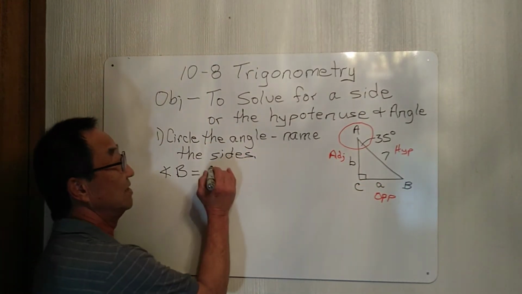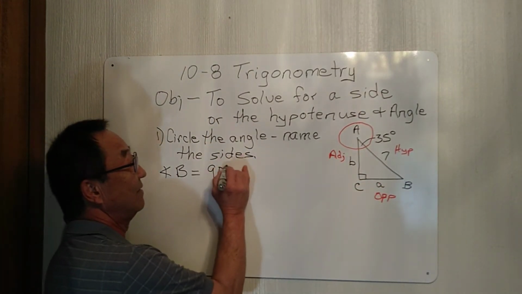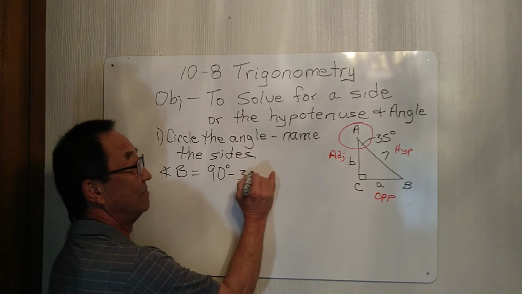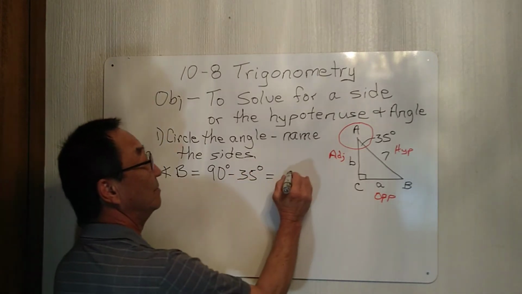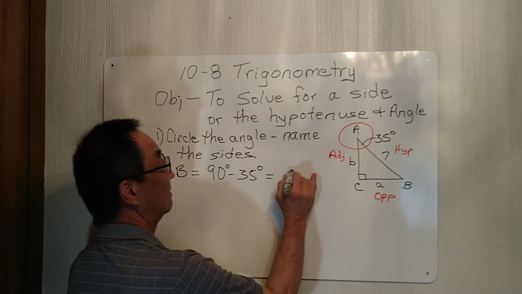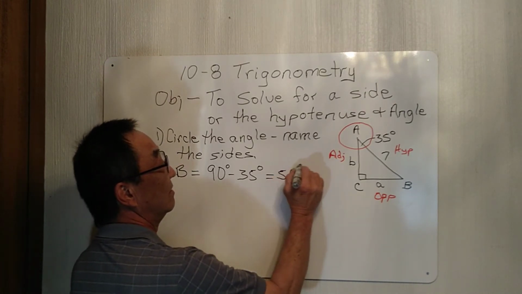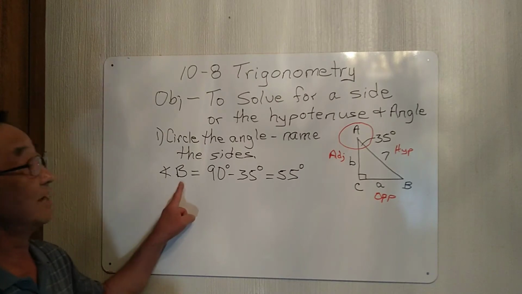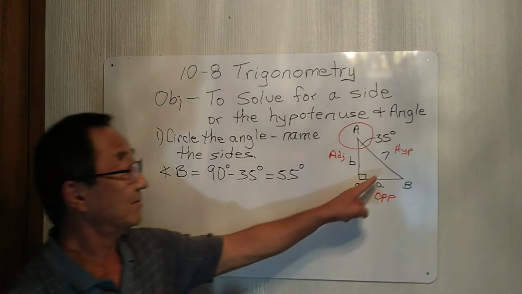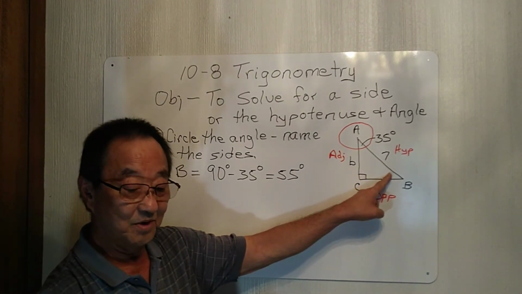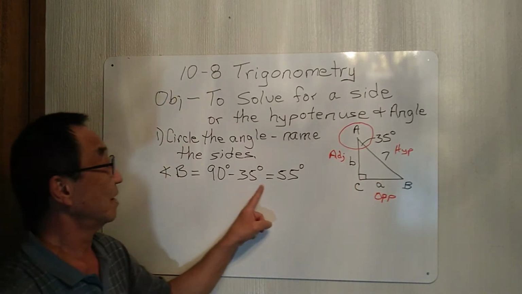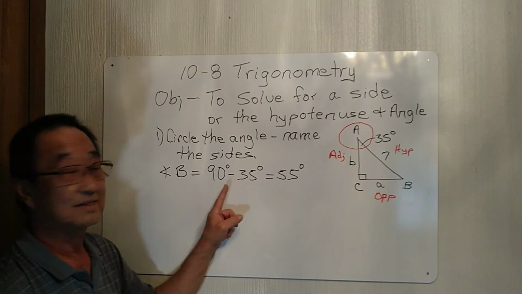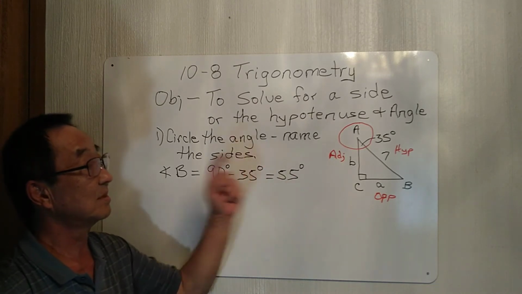So all I have to do is take the 35 and subtract it from 90. That gives me angle B at 55 degrees. So that one's pretty easy to do. It's really straightforward. Just remember that the acute angles sum to 90 degrees, so you just subtract them and go that route.